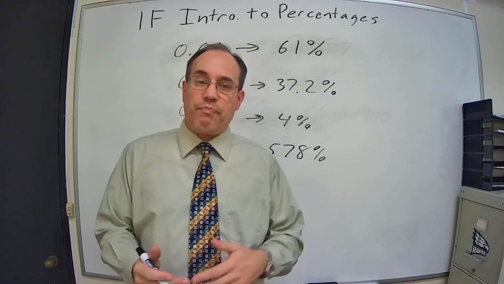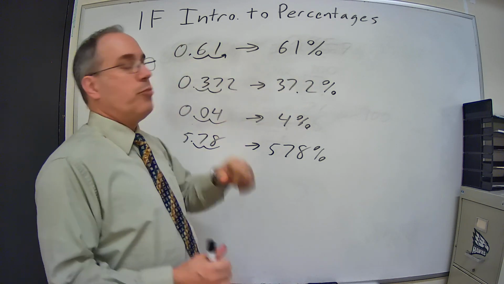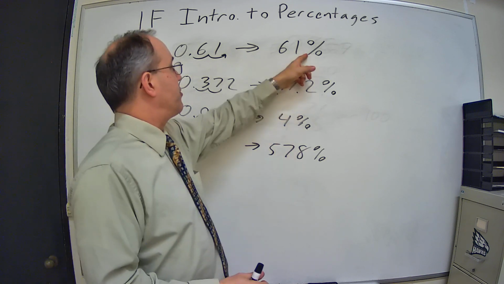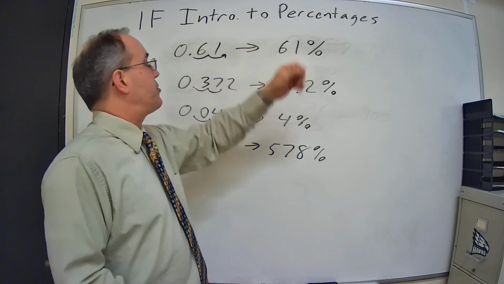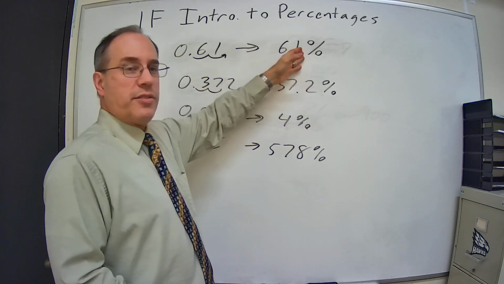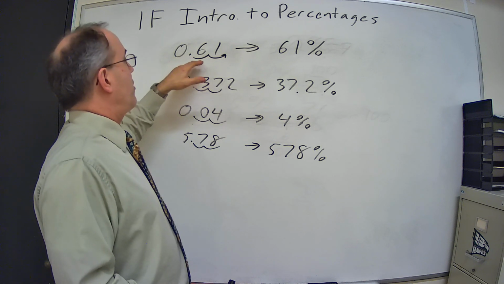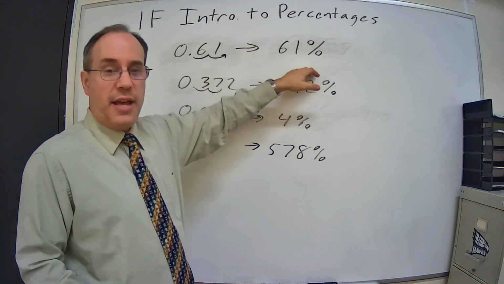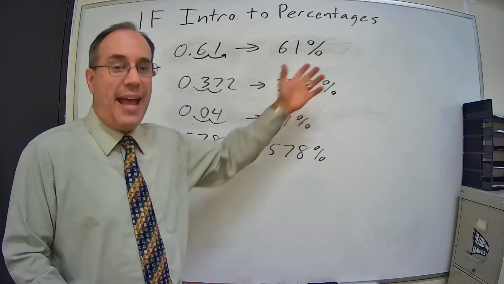Converting between them, to go from a percent to a decimal, you move the decimal point 2 places to the left and drop the percent sign. And if you're going from a decimal to a percent, you move the decimal point 2 places to the right and add a percent sign.